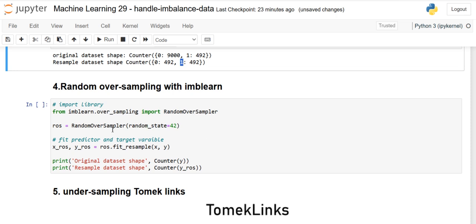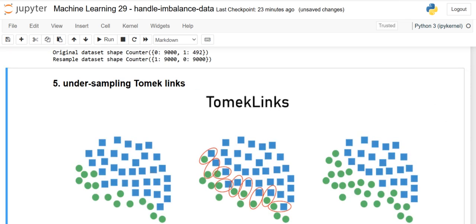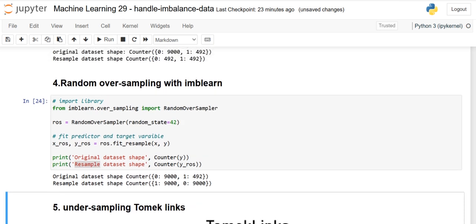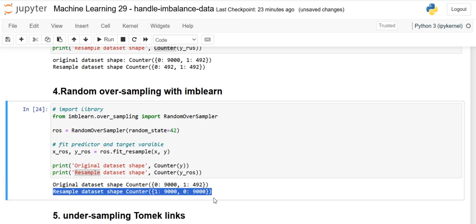So here we are making use of RandomOverSampler, and it provides the original data set, and once after resampling we receive, kindly observe, both as 9,000 records, that is 9,000, fine.